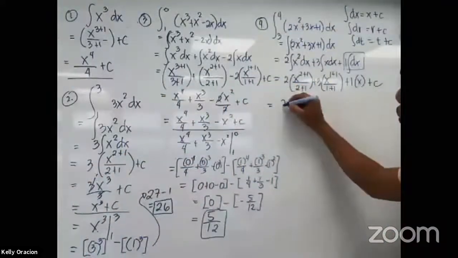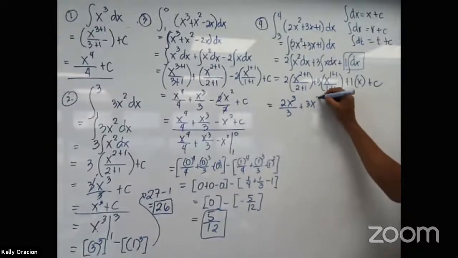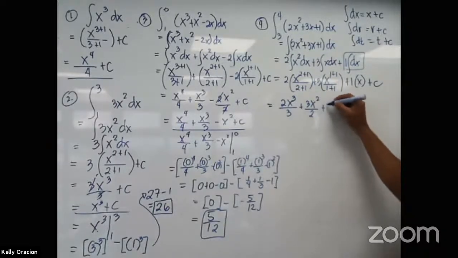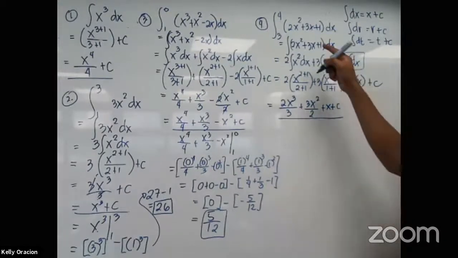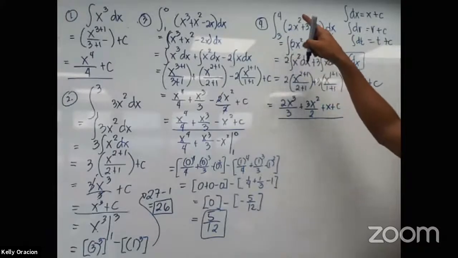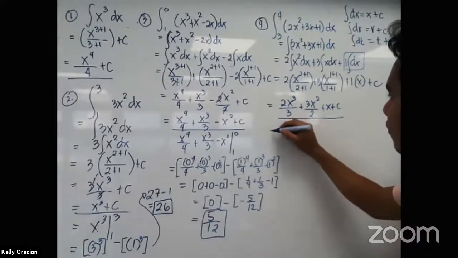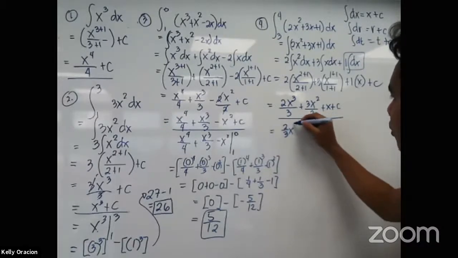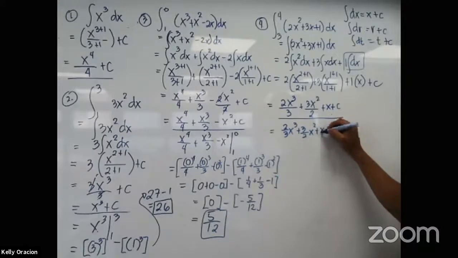So let's solve. So 2x cubed over 3 plus 3x squared over 2 plus x plus c. So this is the answer. Substitute the value of your upper and lower limit. Again, substitute the value of your upper and lower limit. So you have 2 over 3 x cubed plus 3 over 2 x squared plus x.